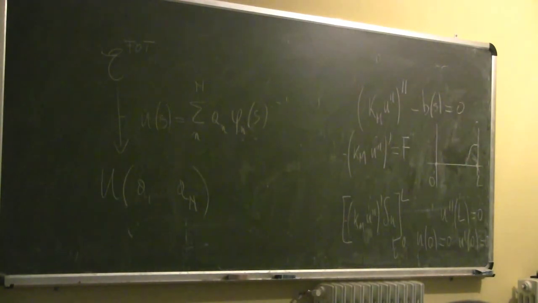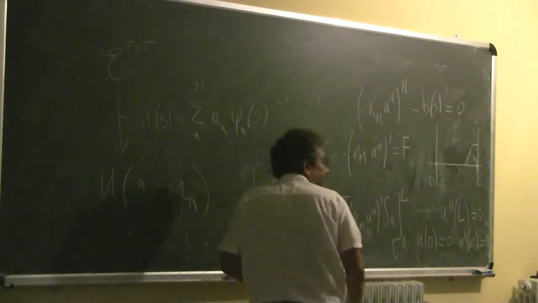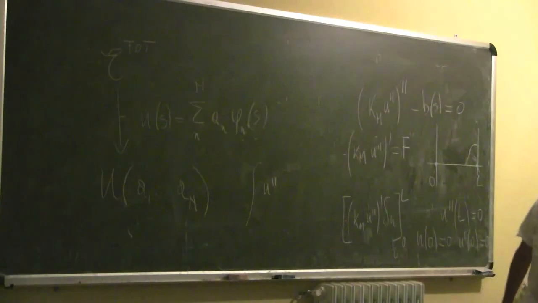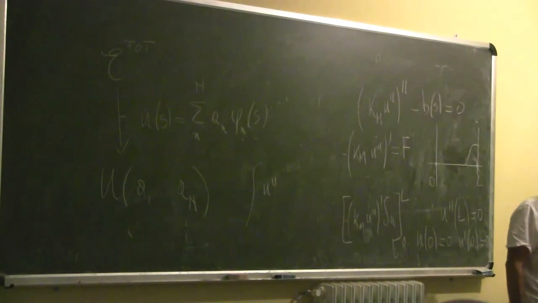So E total is 0, and I cannot minimize anything. You understand this point? If I have the integral of u second, and I've chosen phi_n of s piecewise linear, I calculate the second derivative of a piecewise linear function.